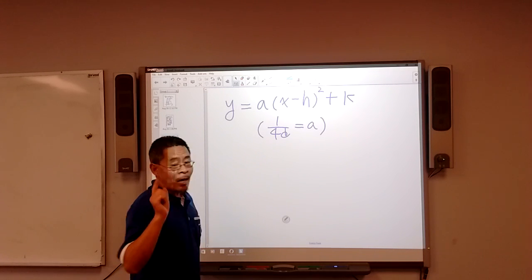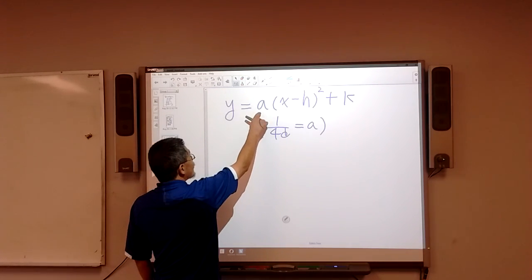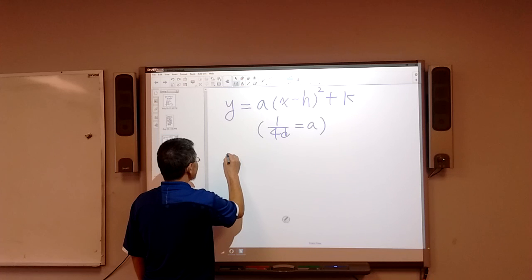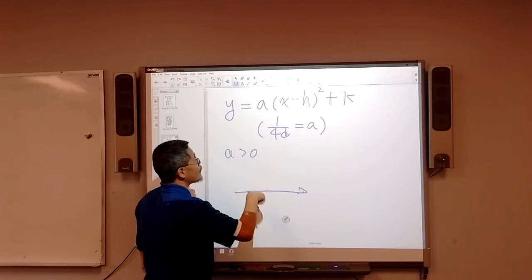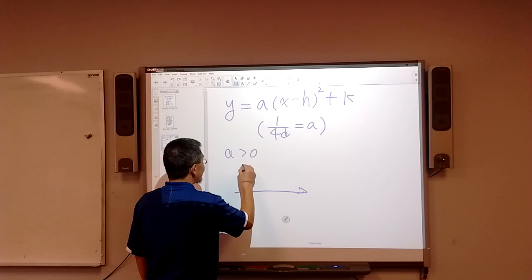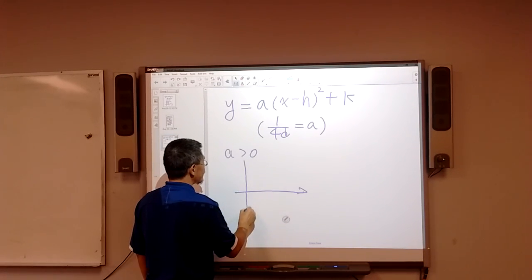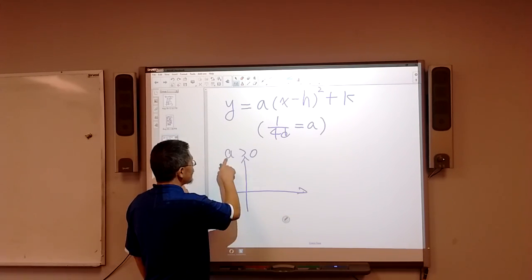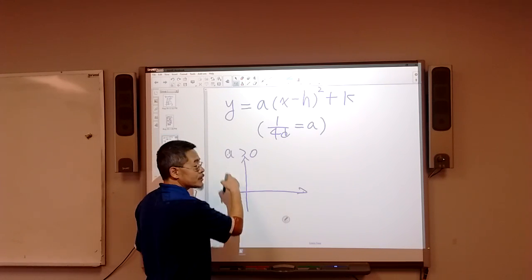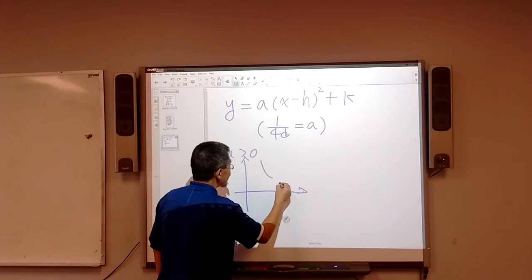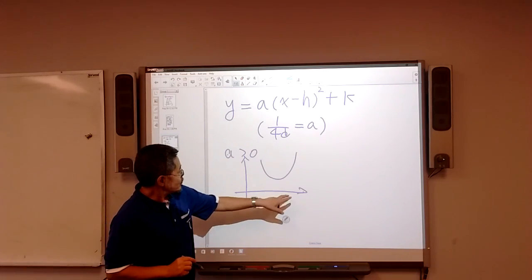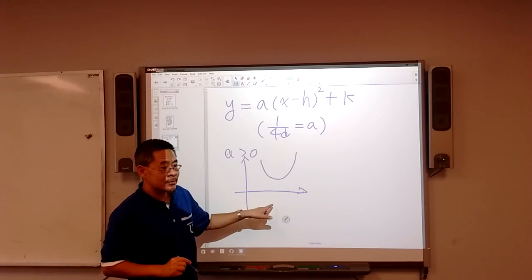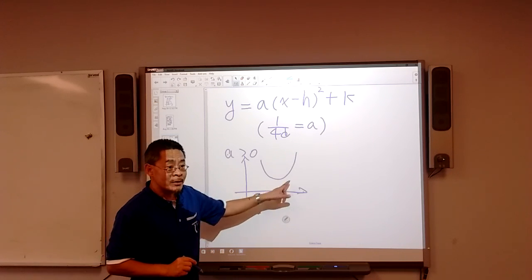Now, remember, if a is positive, when do we have complex zeros? This is greater than 0, therefore the graph has to be here, right? In this case we have complex zeros, we don't have real zeros.